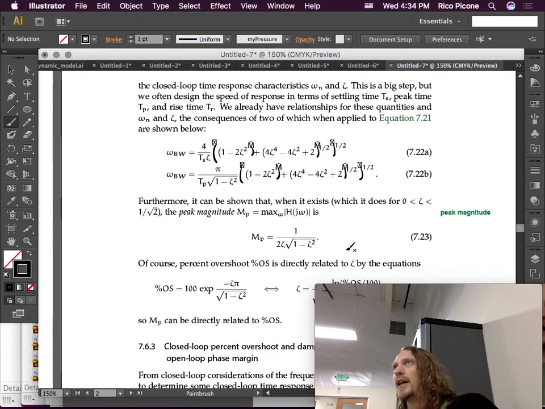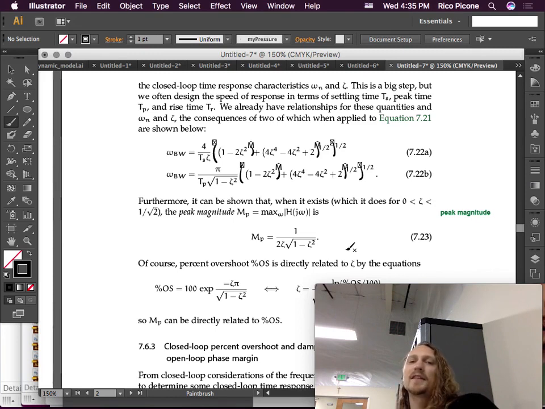And that is another useful relationship between the Bode plot, or it could also be the Nyquist plot. You could also see a maximum there. And a time domain response, and that is zeta.